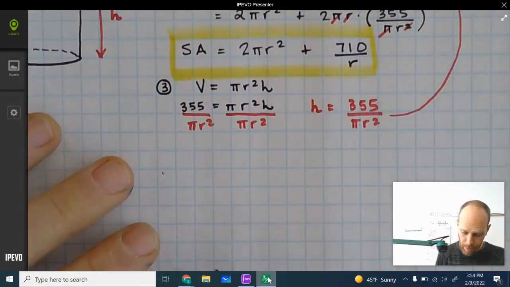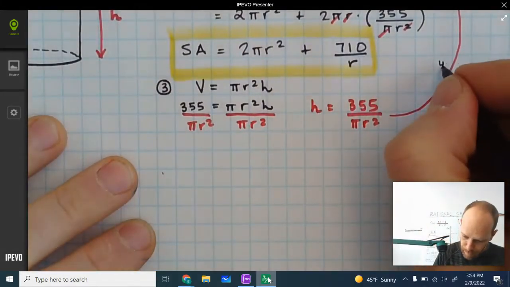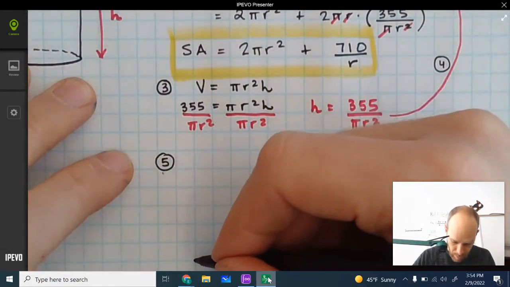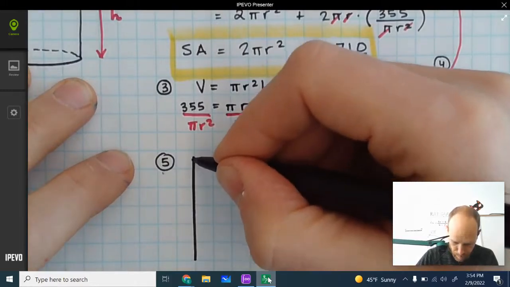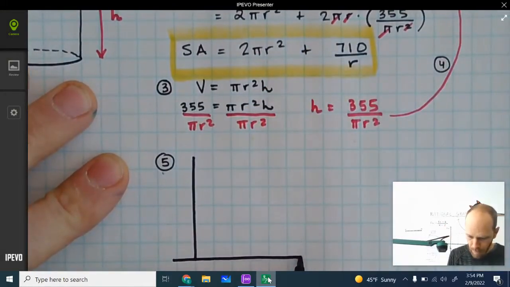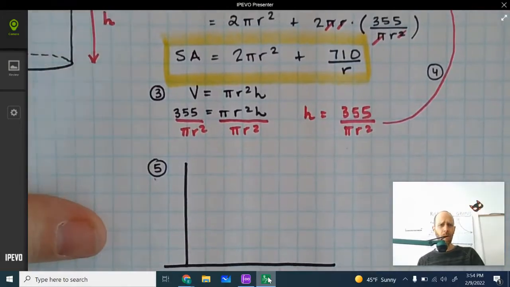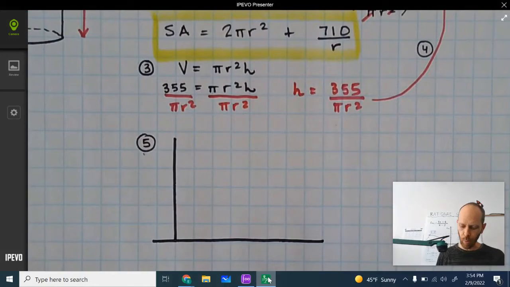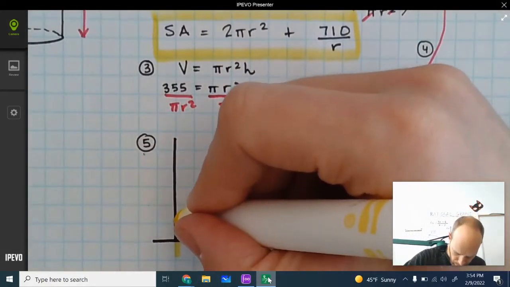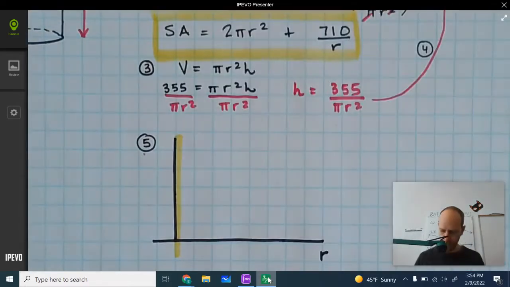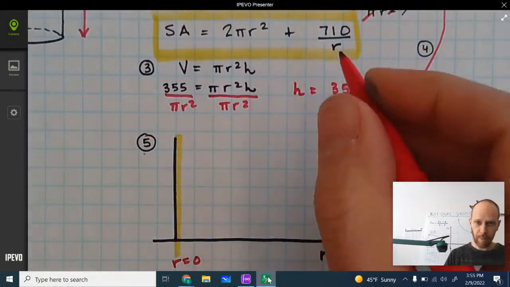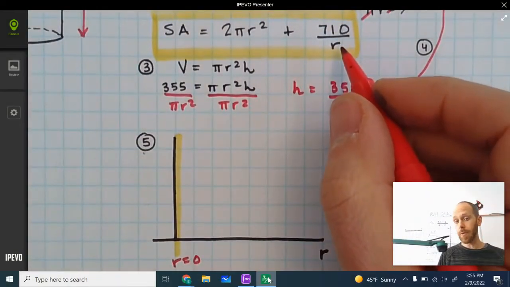All right, so let's go graph this. By the way, that was step 4. Step 5 is to graph and find the minimum. I can tell that this equation is going to have a vertical asymptote when the radius is equal to 0, because plugging 0 in for r would be a no-no.